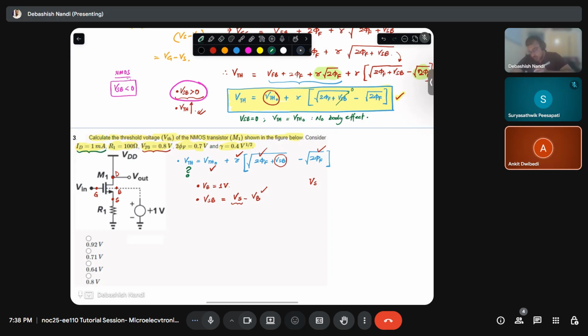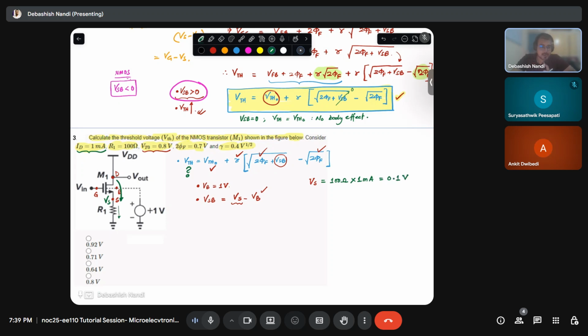Drain to source. So this current is flowing in this path. If I know the current across this resistor, can I calculate the voltage VS? Yes. So VS is nothing but your 100 ohms times the current. The current ID through R1 is 1 milliampere. So it is 0.1 volt.